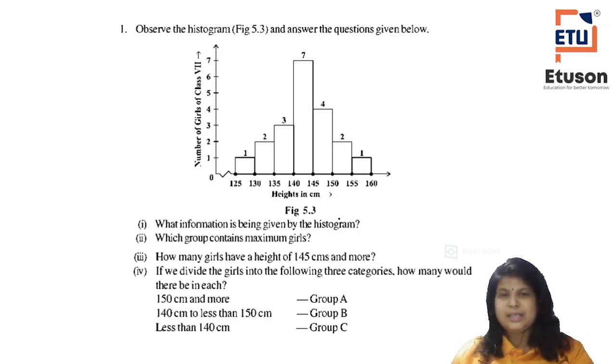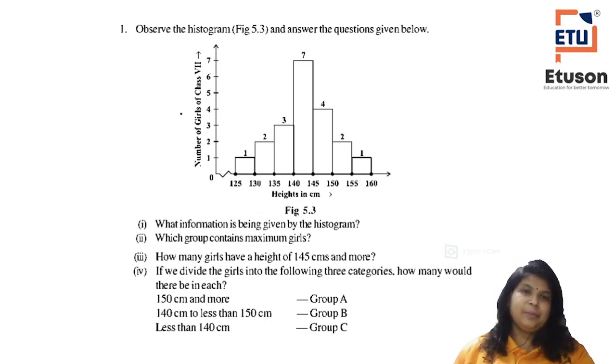As you can see, here it is heights in centimeter. That means the histogram represents the average height of the girls in class 7. Correct or not?